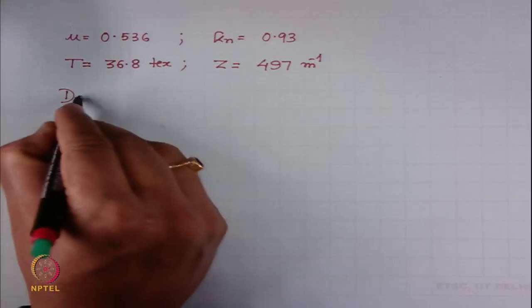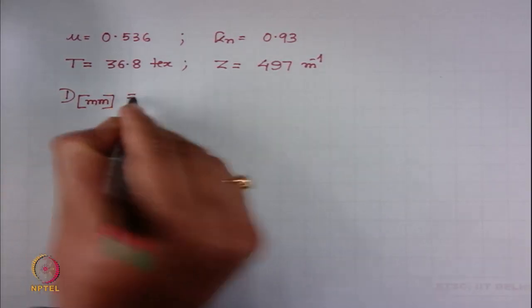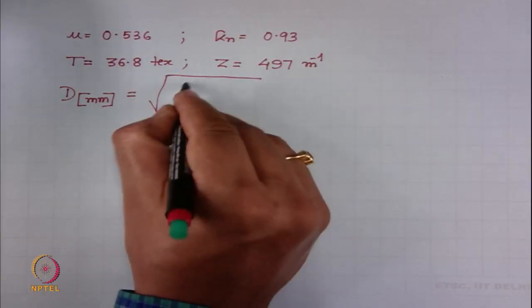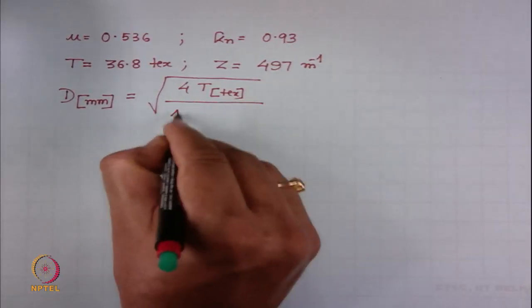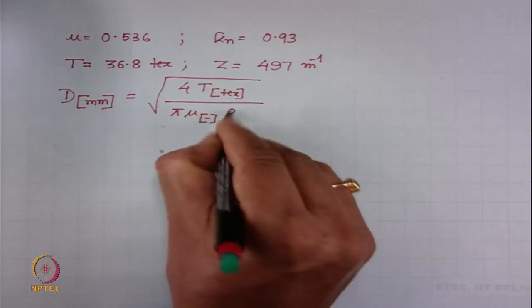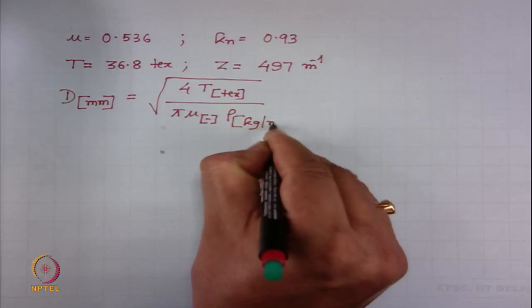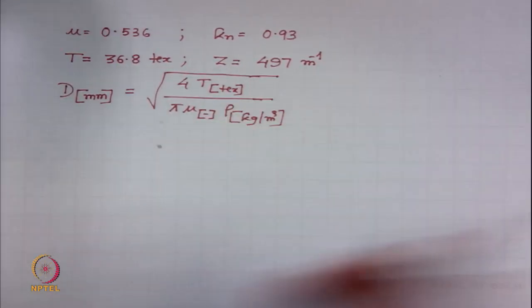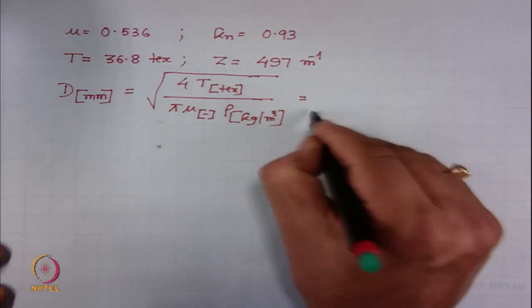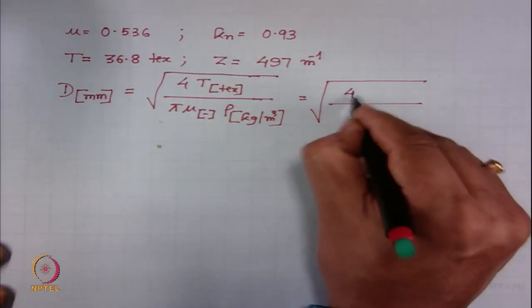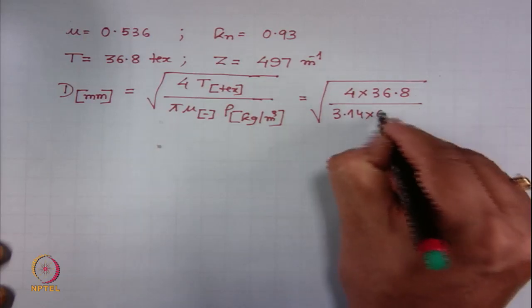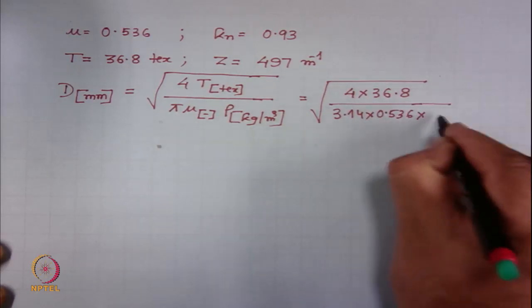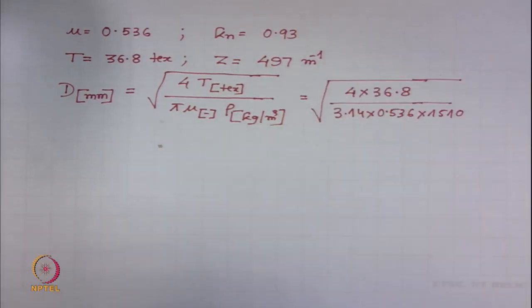As we know, from the yarn diameter formula, module 2, if we substitute the values here, 4 into 36.8, 3.14, 0.536, viscose fiber 1510 kg per meter cube is the density, right.